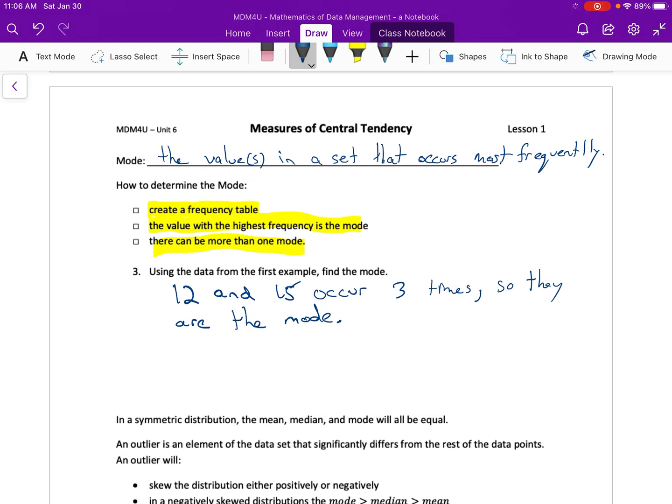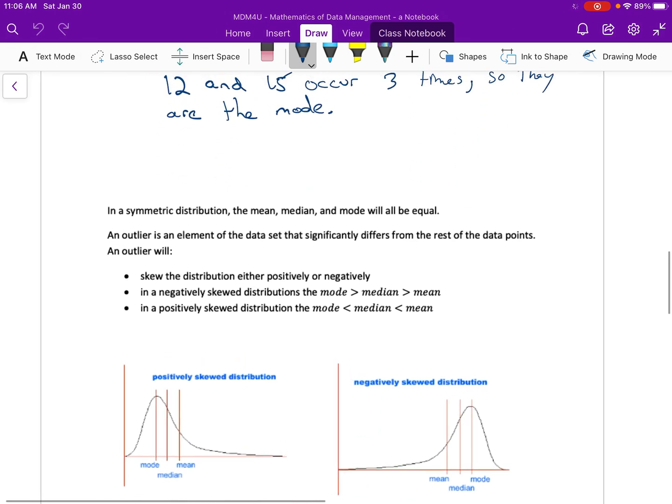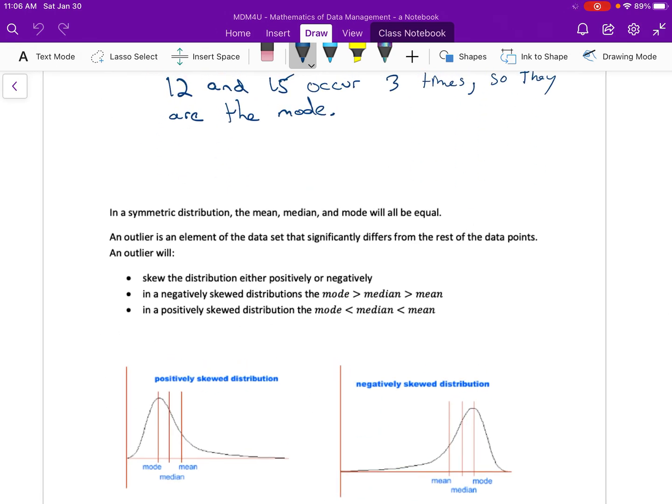As I said, this is a way to describe data, and we're going to see a bunch of stuff that extends way beyond this in terms of distribution of data sets, and how data is spread out outside of the average. When we talk about a symmetrical distribution, we would say the mean, the median, and the mode will be equal. We'll talk more about this next class, but imagine you had something like this.